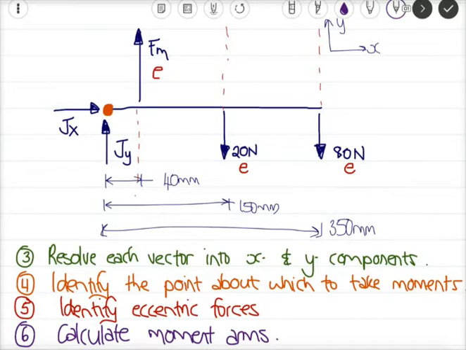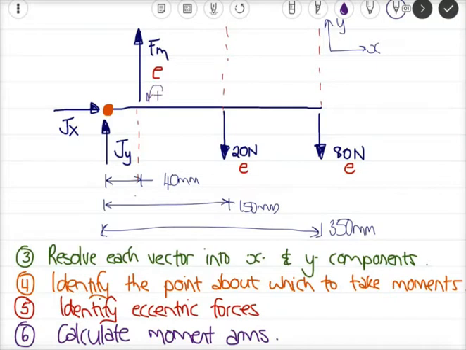What I would do is put my left finger on the orange dot, and I would keep it stationary. Then I would put my right index finger on Fm, and I would pull in the direction of Fm and see which way my page turns. And in this case, my page will turn anti-clockwise.